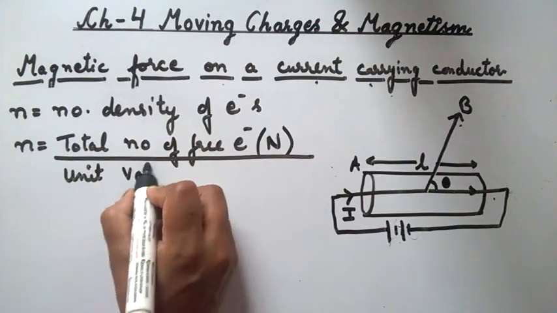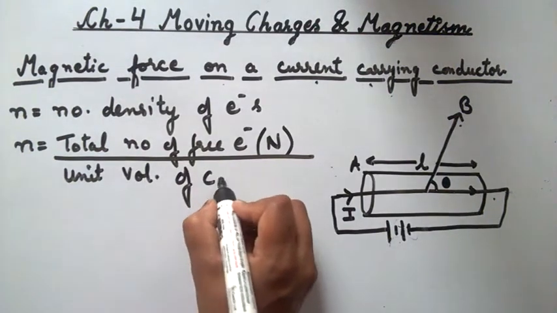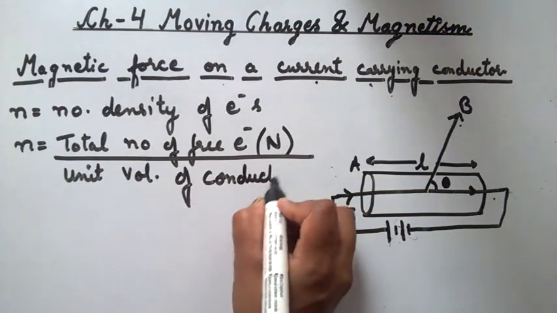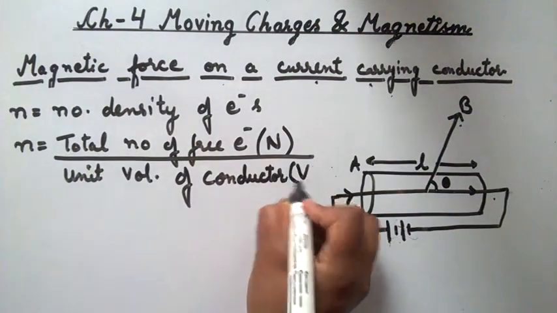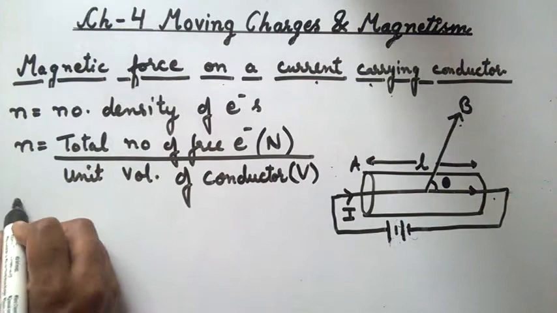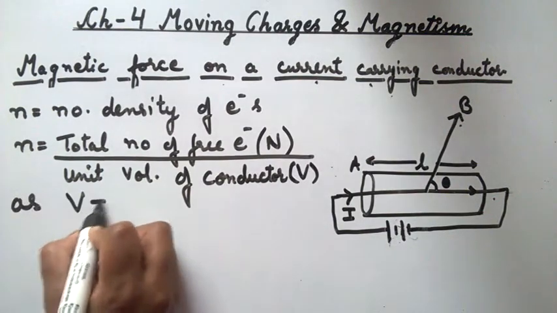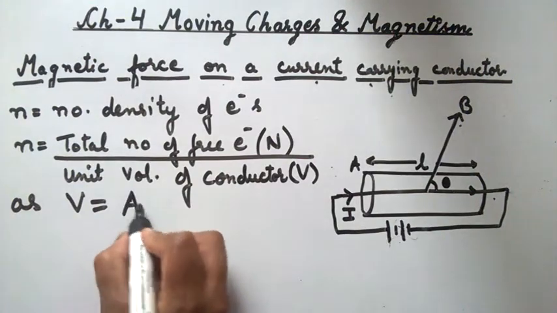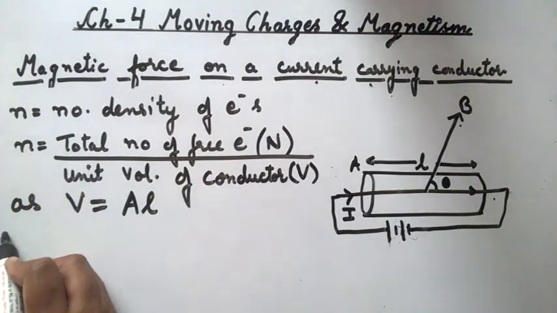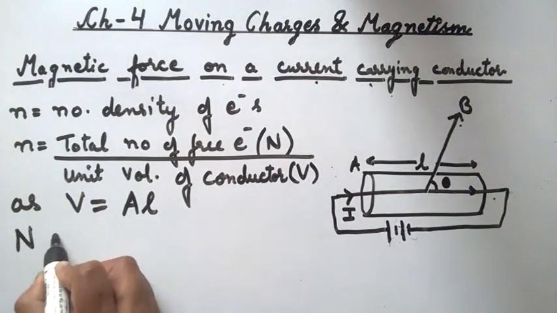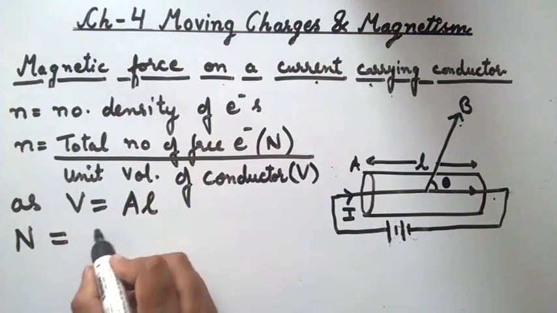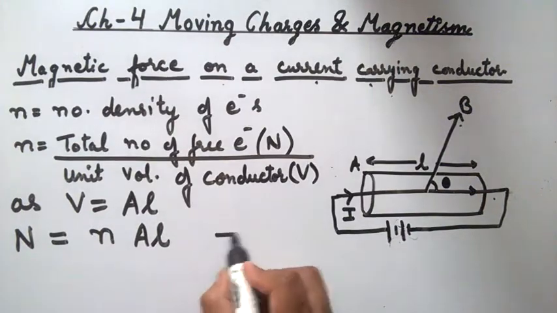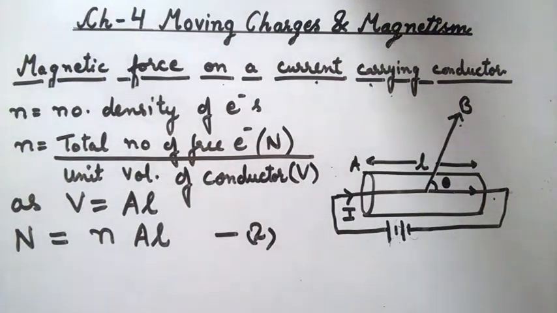Let us denote the volume by capital V. Here, volume is given as area into length, therefore the total number of free electrons N can be written as small n, number density, into volume. This is equation number 2.